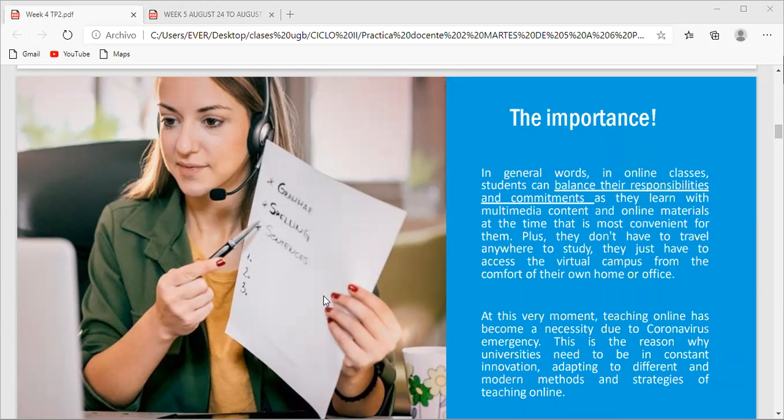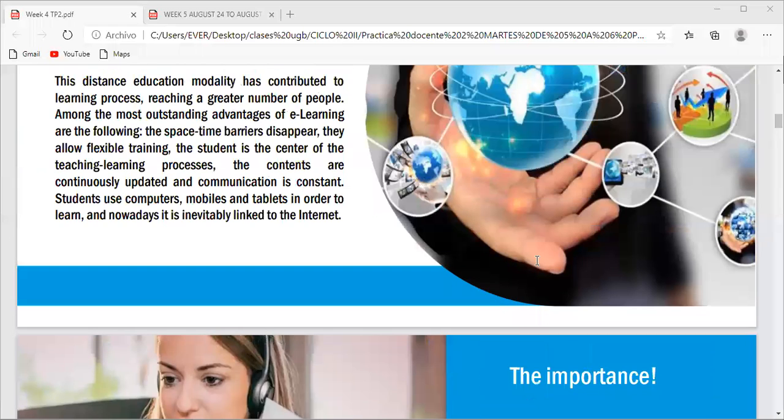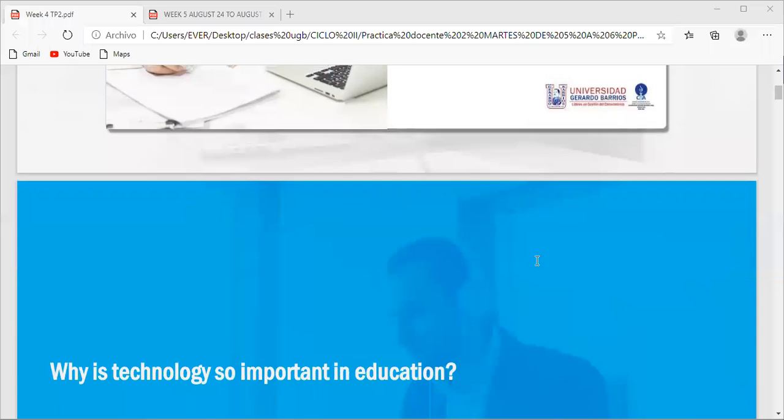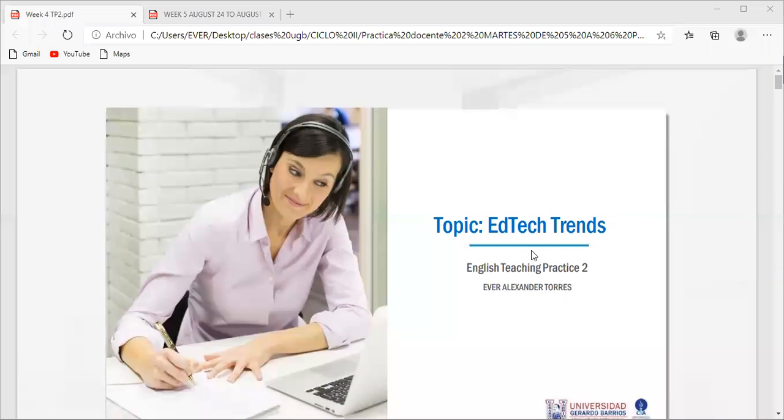It's important in this kind of modality. So those are basically the most important parts of this, technological trends. Of course, there are many platforms and many programs that we can use and share with students.